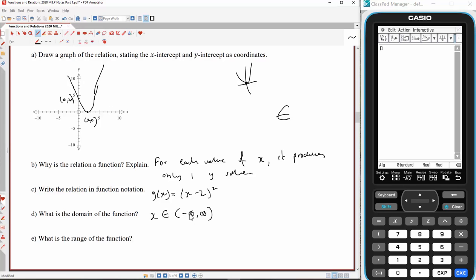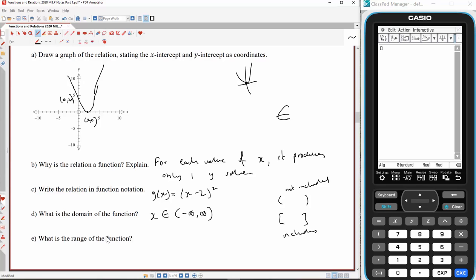Now, this 8 on the side is the infinity symbol. And this basically says x can be any number from negative infinity all the way to positive infinity. Now, note that these curved brackets here mean not included, and this square bracket means included. And I'll explain what I mean by that in a sec.